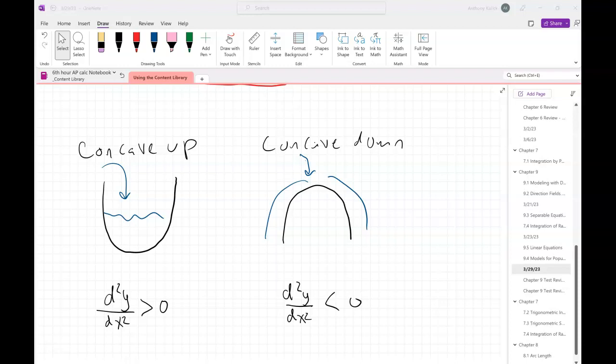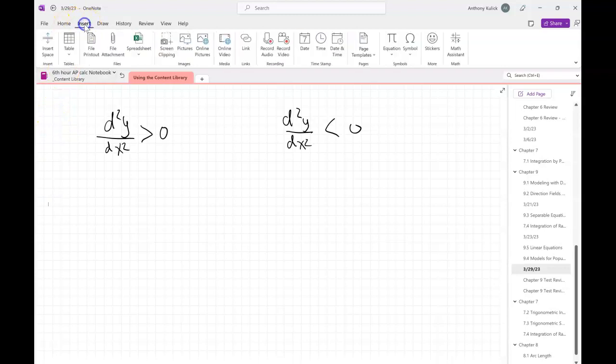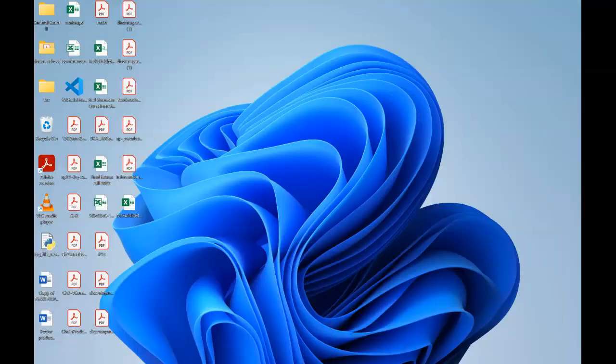Okay, second derivative is positive or concave up and negative or concave down. Okay, good. Whew. Okay with that, Amanda? Yeah. And then you wanted to talk about 10b. That's probably enough of concavity review, right?